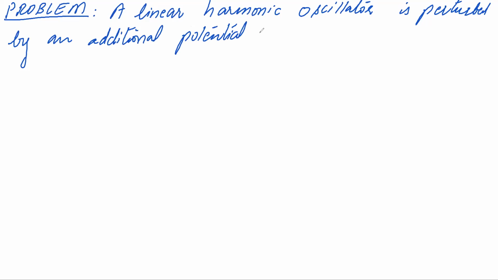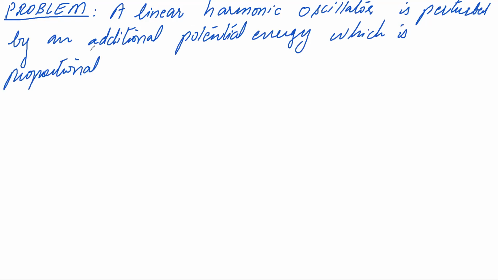So a linear harmonic oscillator is perturbed by an additional potential energy which is proportional to the fourth power of the displacement.